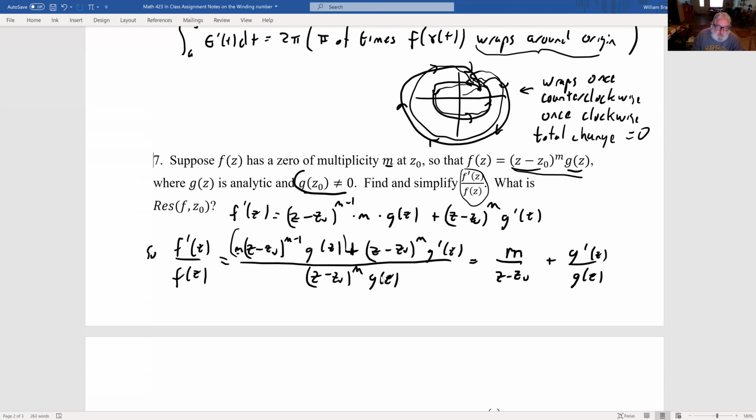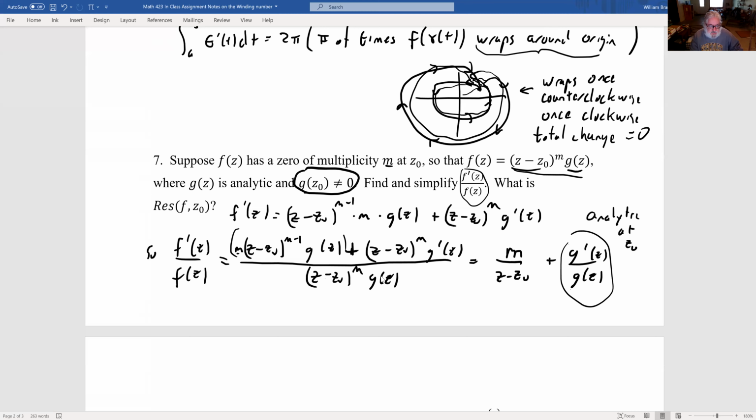But g of z0 is not 0, so this is analytic at z0. In particular, it does not have a pole or a singularity or anything, so this thing you could write out as a Taylor series.